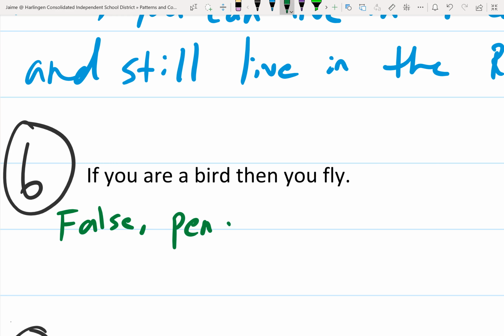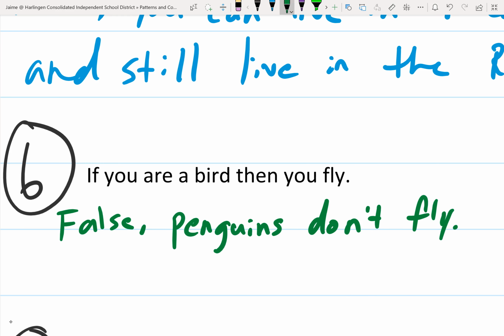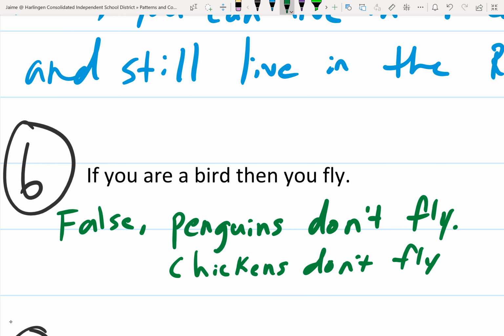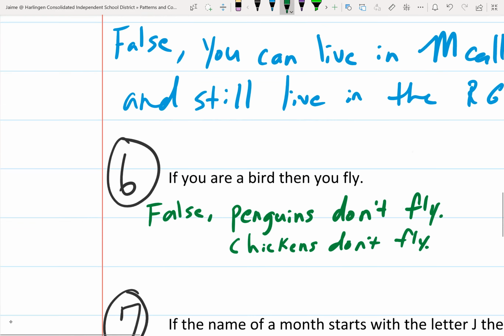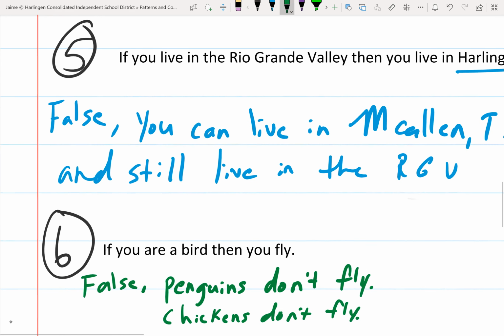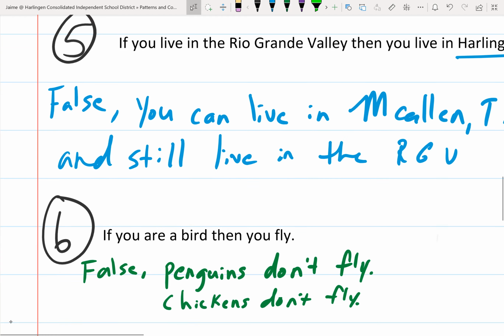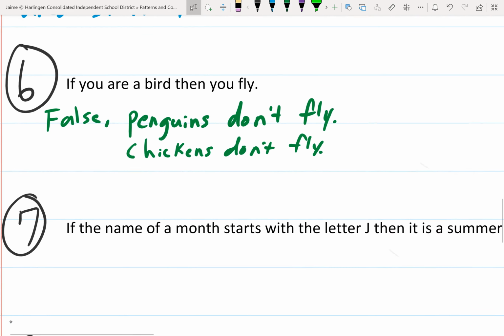Penguins don't fly, or chickens don't fly. So there you go. If you think about it, oh, most birds fly. No, it has to be all birds fly. Just like in number 5, it'd have to be like you only live in Harlingen. That's the only place that encompasses the Rio Grande Valley. This is real tricky, so be careful here.